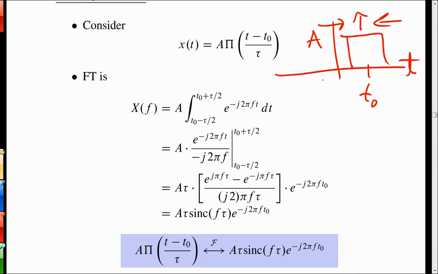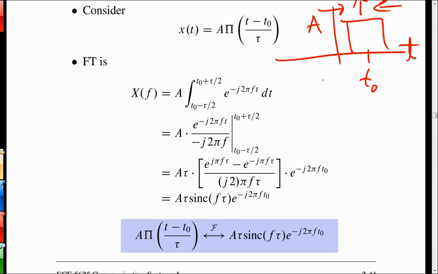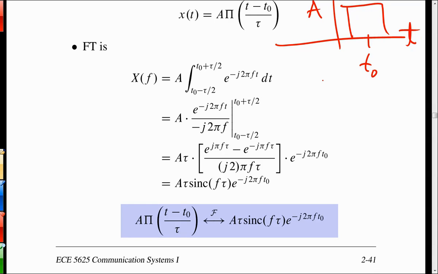It's similar to the Fourier coefficient, except it's a single pulse rather than a single period we have to integrate over. You get a sinc function. So this blue boxed equation is one of the most fundamental of all Fourier transforms that you commit to memory as being useful for modeling and analysis, the basic sinc function model.